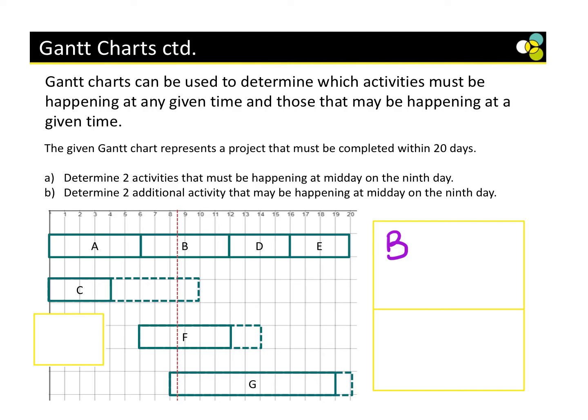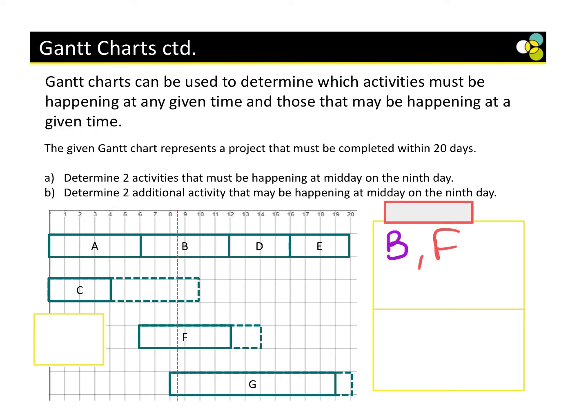Then we start imagining. F, we could slide here. Is it still in between that day? Yes, and this is F, isn't it? So F will 100% have to happen. Let's move F out of the way a minute.